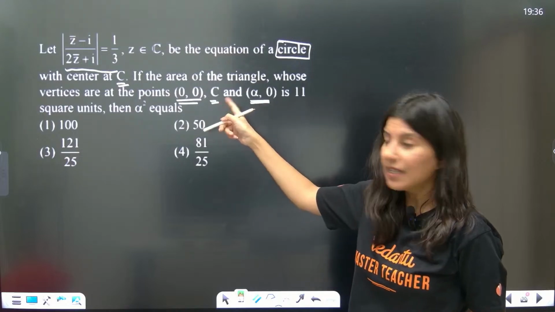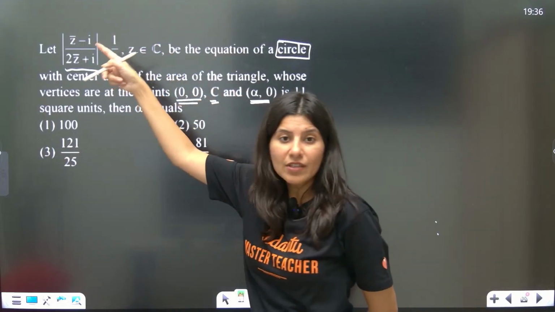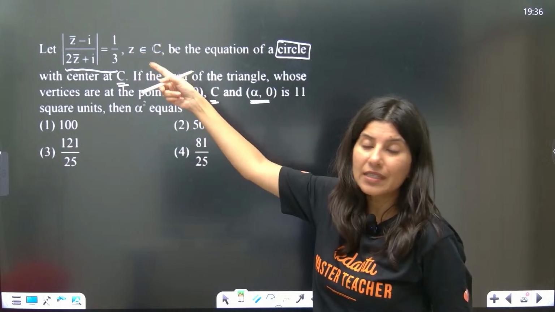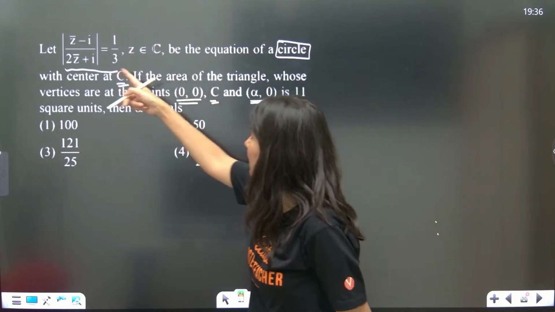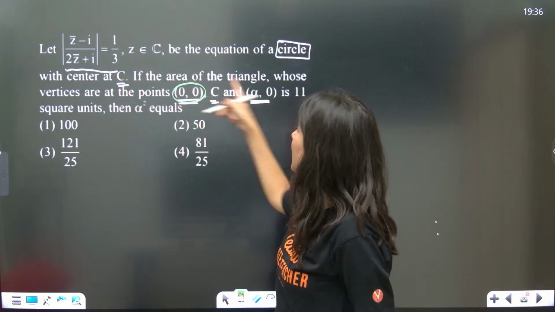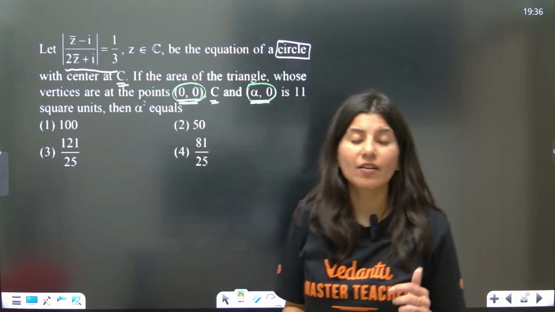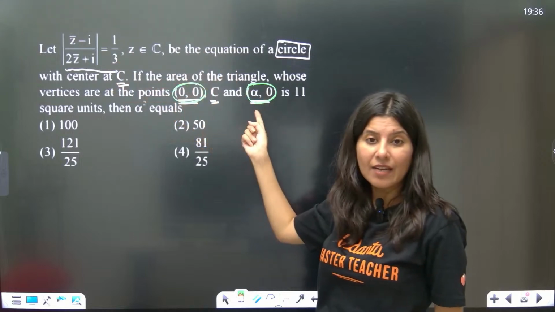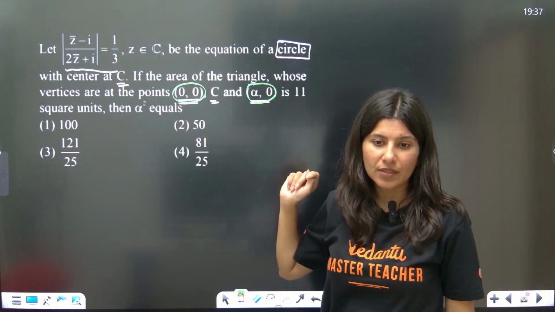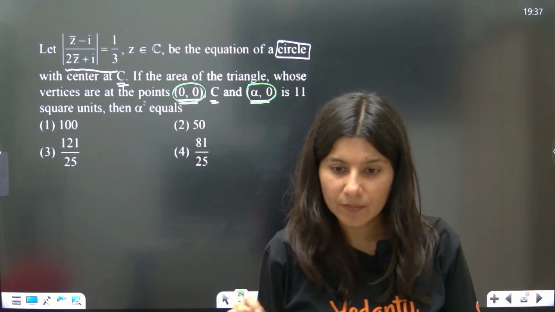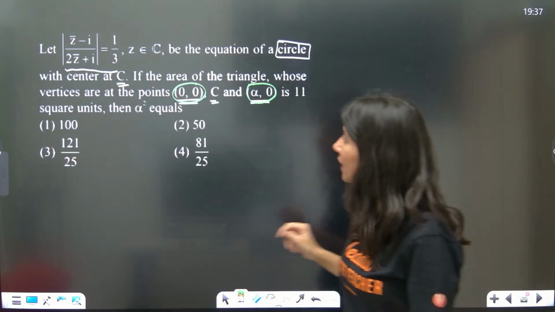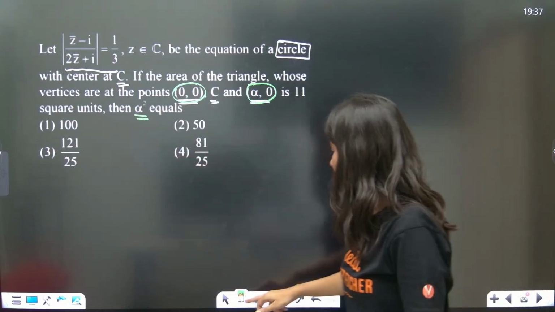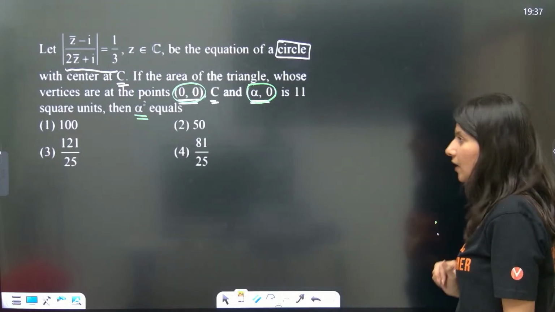What is C? C is the center of this circle. So we need to know what the circle is about. Clear? So alpha square is what they are asking about.